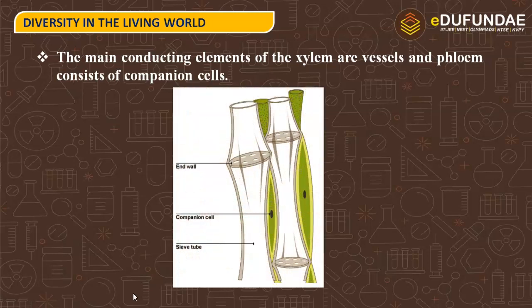Here we can see the structure of the vascular bundle, in which the phloem has the sieve tube with the companion cell present in it. The companion cell has the nucleus which governs the function of the sieve tube, and this is present in the case of angiosperms.